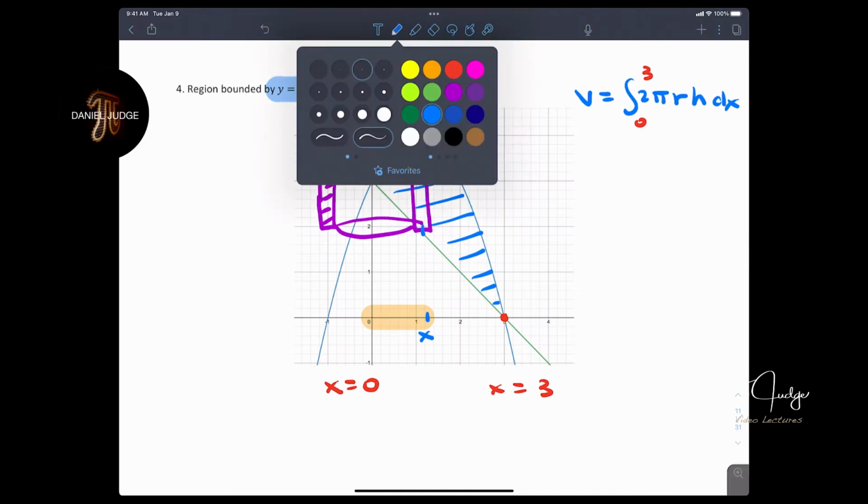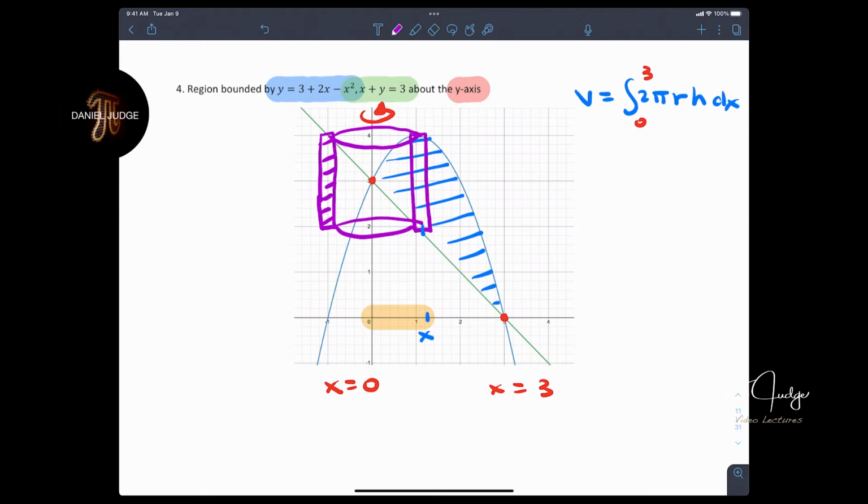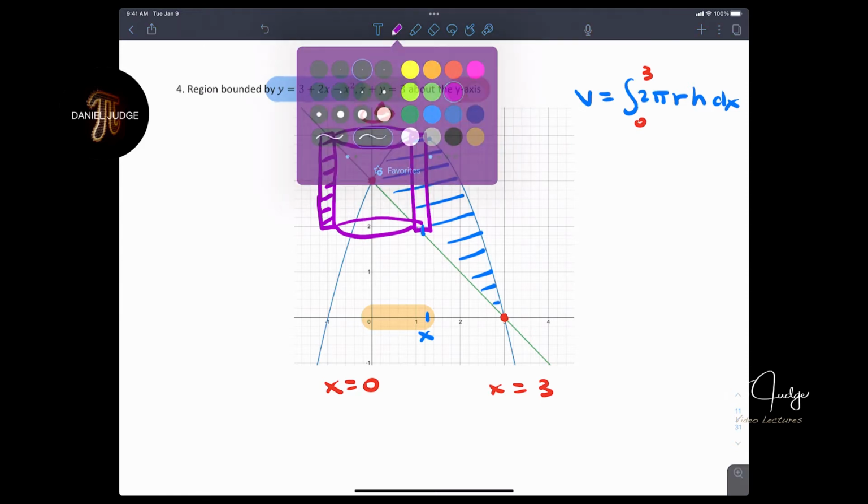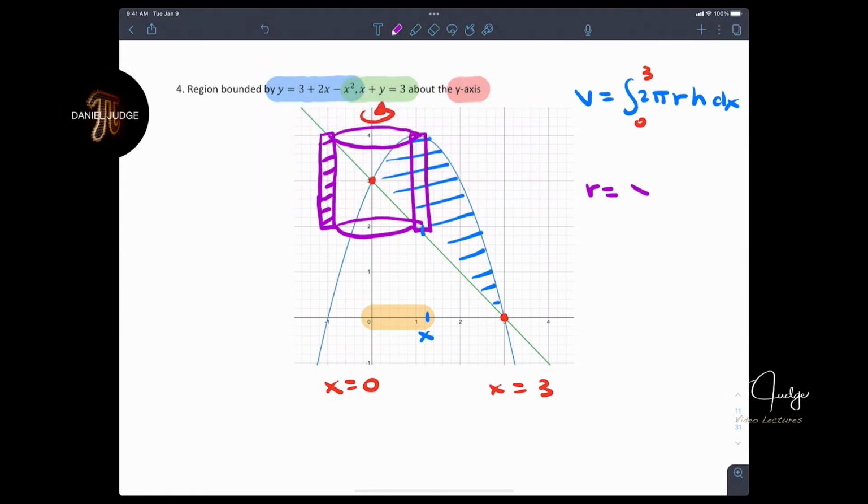So your radius again is the right value, that x value minus 0 here. So you're looking at the distance between these two locations, which represents that radius. Here's my r, x minus 0, so here's my radius value. Radius is x. And then your height value. The height of that cylinder.